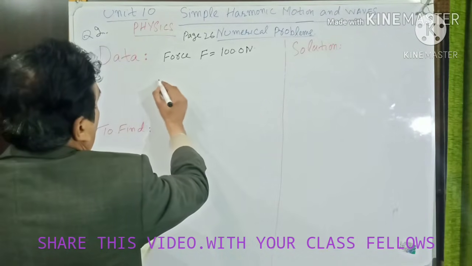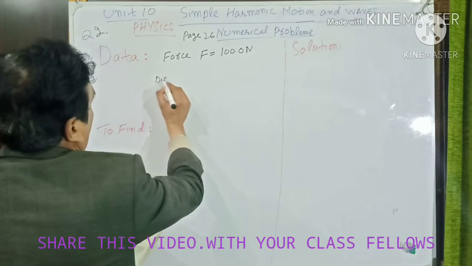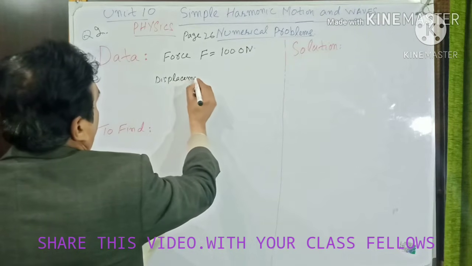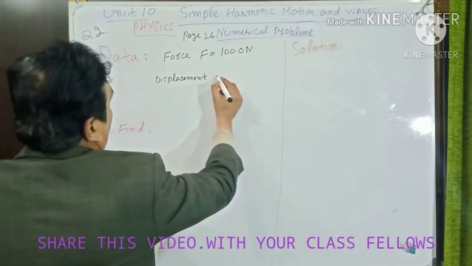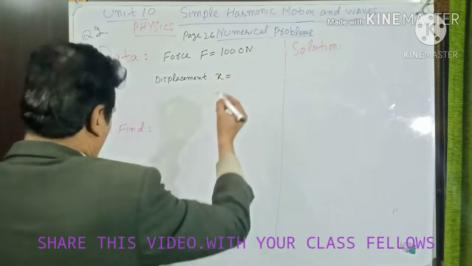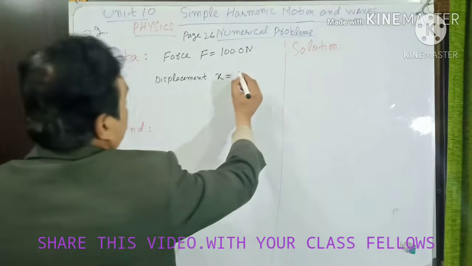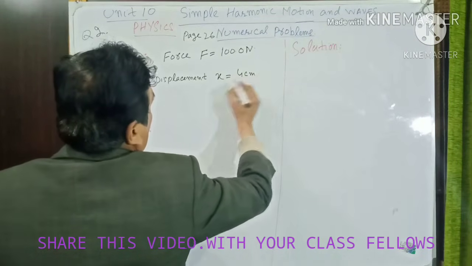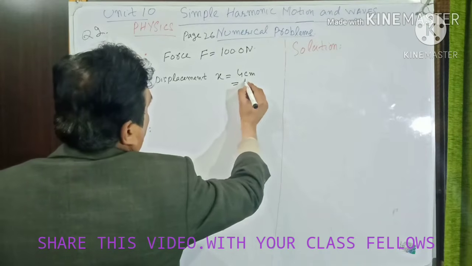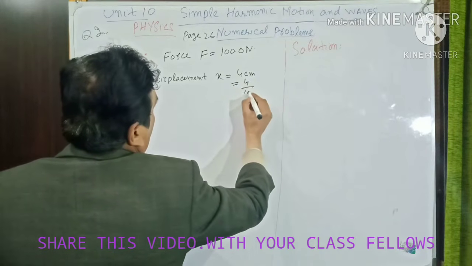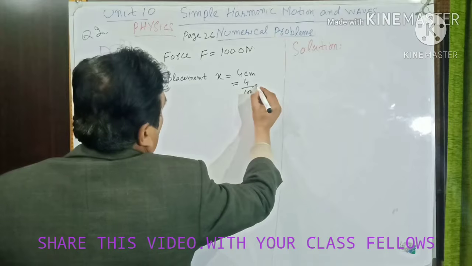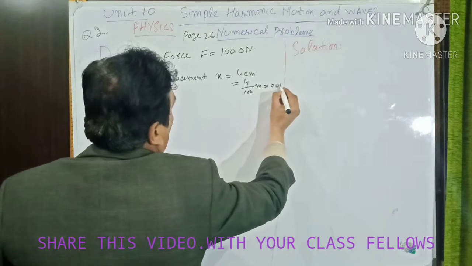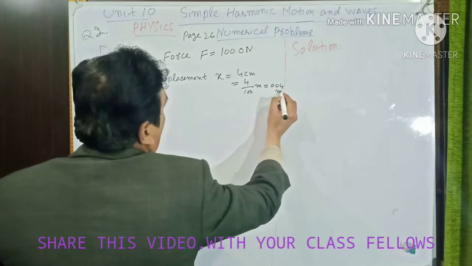Displacement x is equal to 4 centimeter. We convert it into meter, divided by 100. Now it is 0.04 meter.